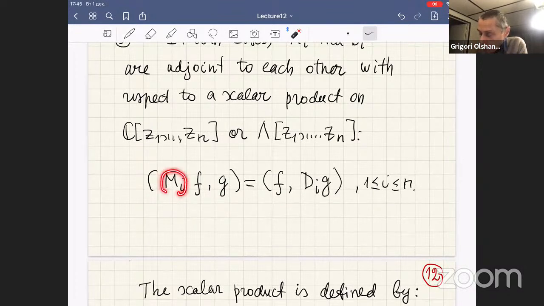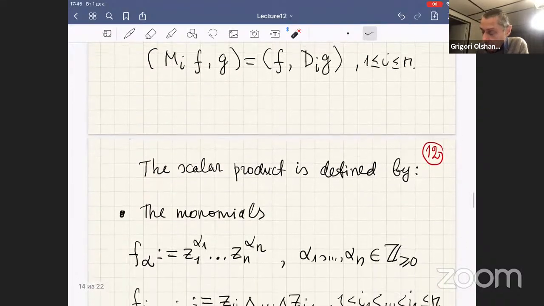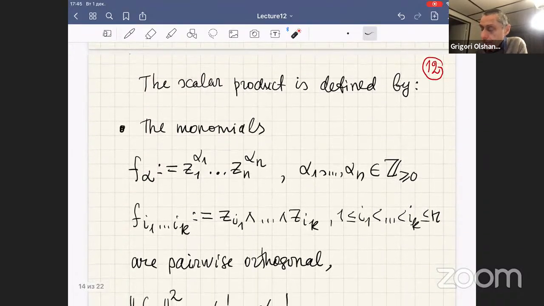We can put this operator on the right and it becomes D, and vice versa. If you have here D, we can put it on the right, it becomes M. And what is the scalar product? The scalar product is defined from the condition that the monomials are orthogonal. So these are all possible monomials in the case of ordinary polynomials. These indices are non-negative integers.